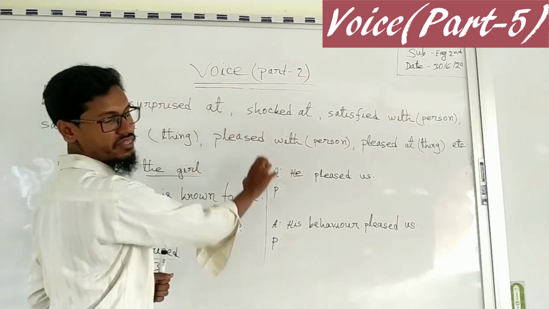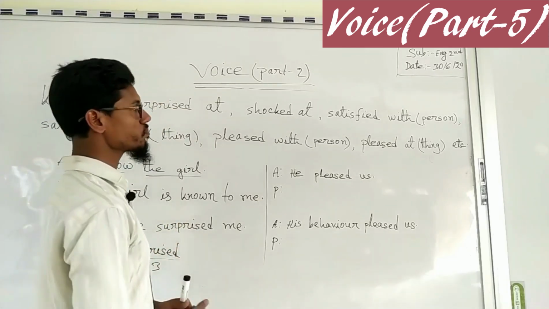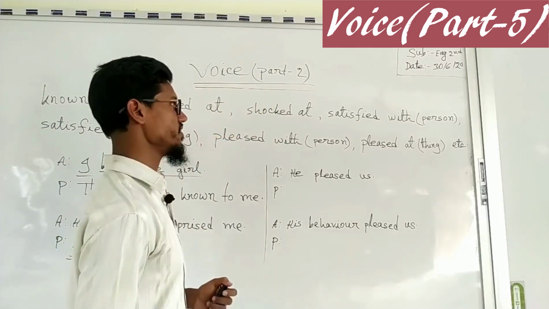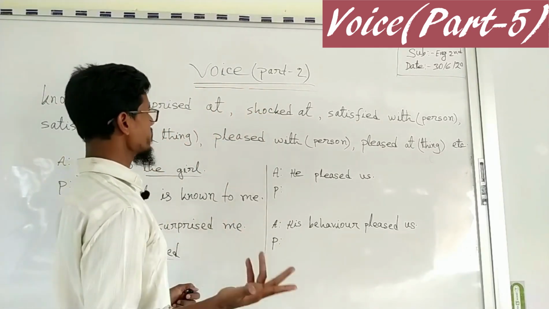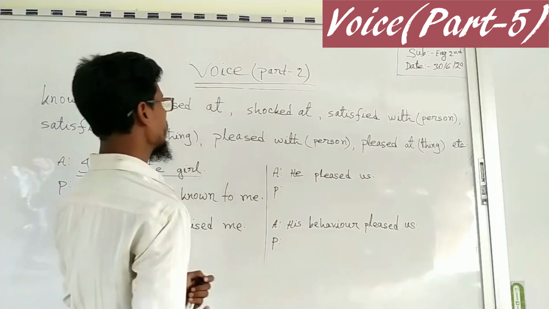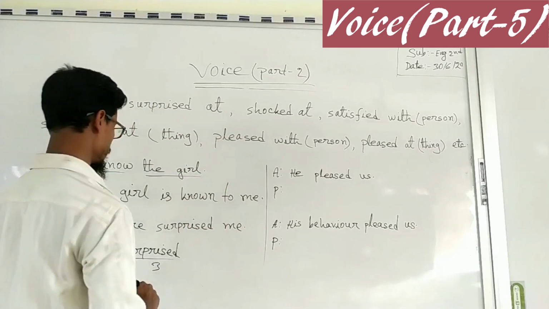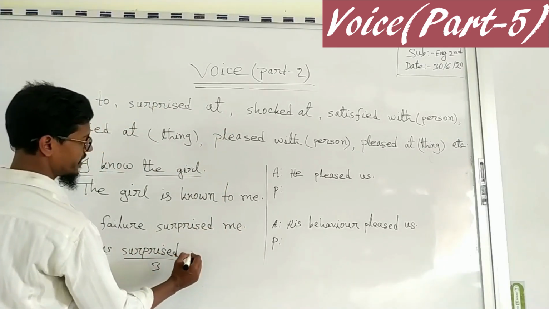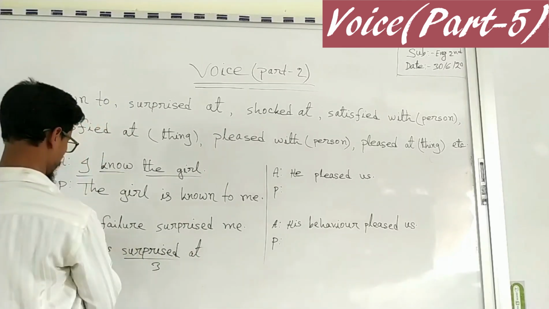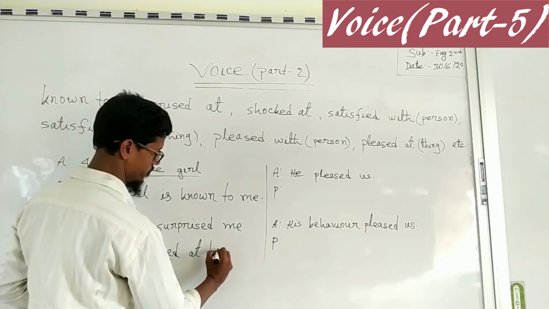So you have to memorize this appropriate preposition, not only for your academic exam, but after completing your academic exam, if you face any interview or any job examination, you have to face this appropriate preposition. You must know this. Surprised at will be the appropriate preposition here. Last step, his failure is the subject, it will be the object, his failure.